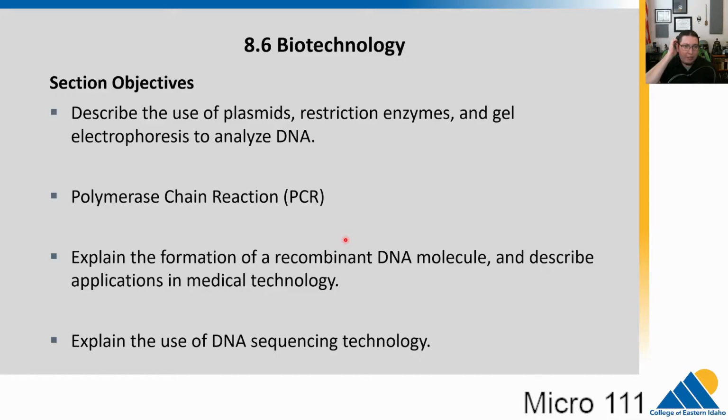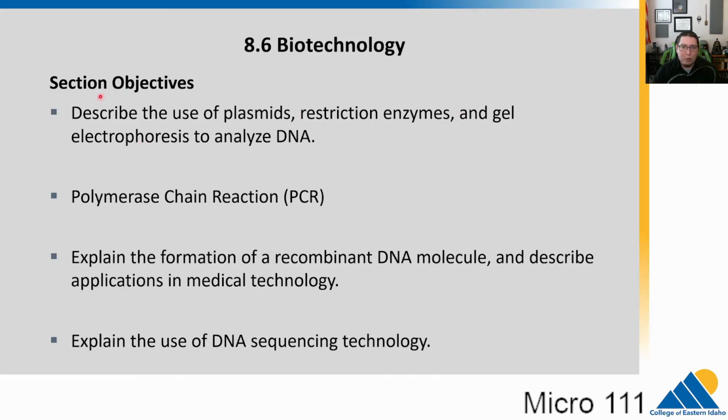Chapter 8.6 is probably my favorite topic ever, biotechnology, using all of these things we've learned about to do things in our lives. Biotechnology is humans using biology as technology, right? We're going to talk about plasmids, restriction enzymes, gel electrophoresis.